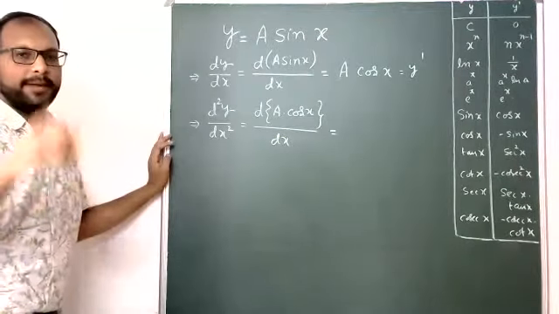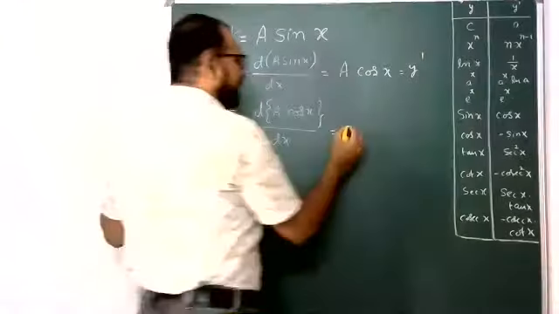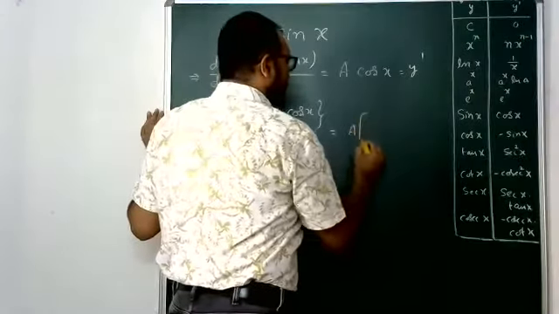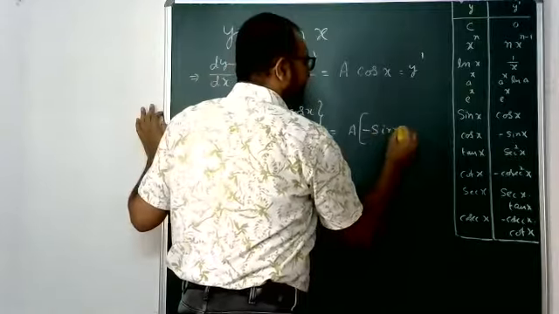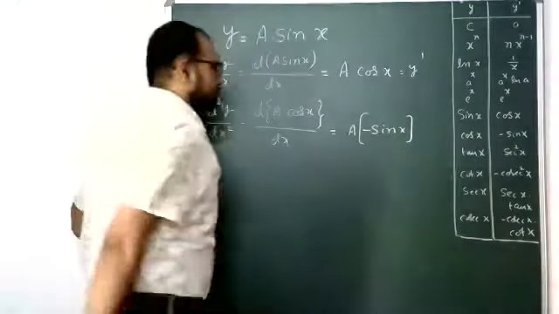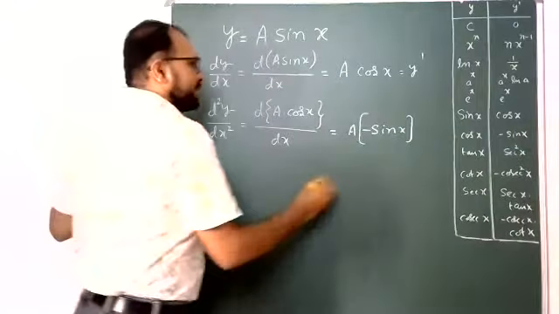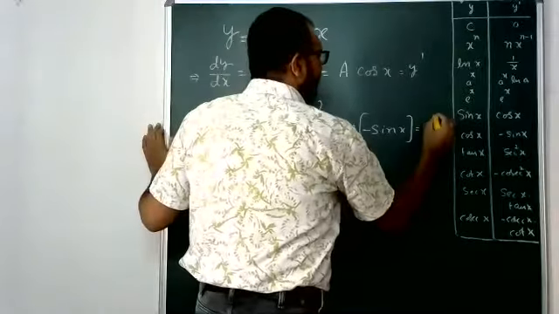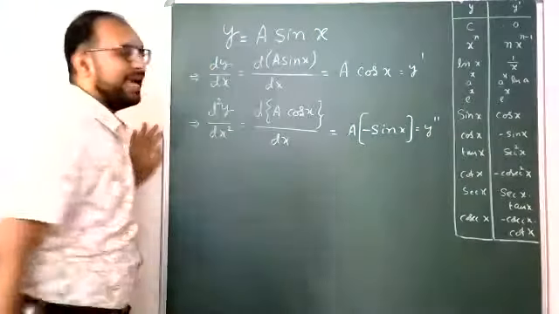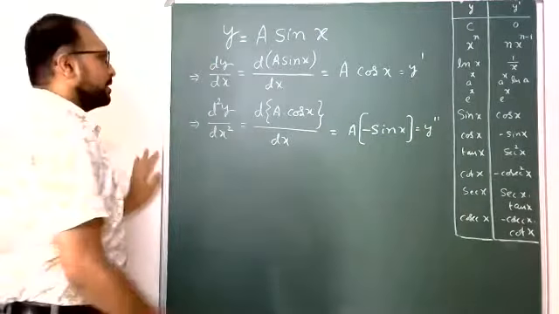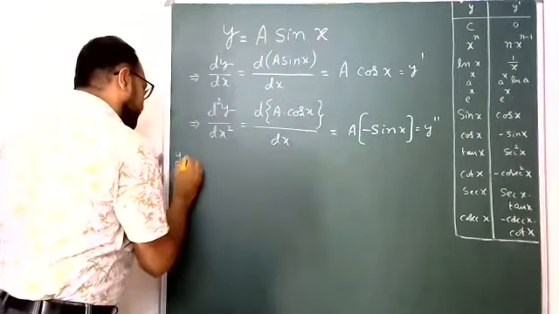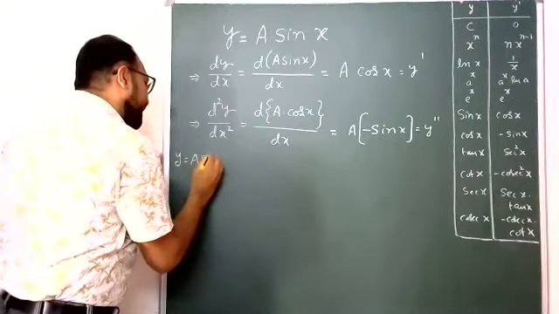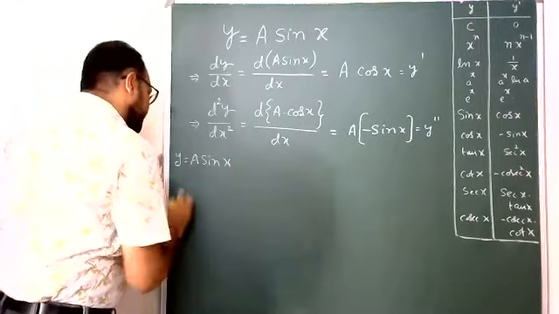Again rule number 1: constant outside, and cos x derivative is minus sin x. So finally, the second derivative, that is y double prime, is minus a sin x. Students, y equal to a sin x is the function.